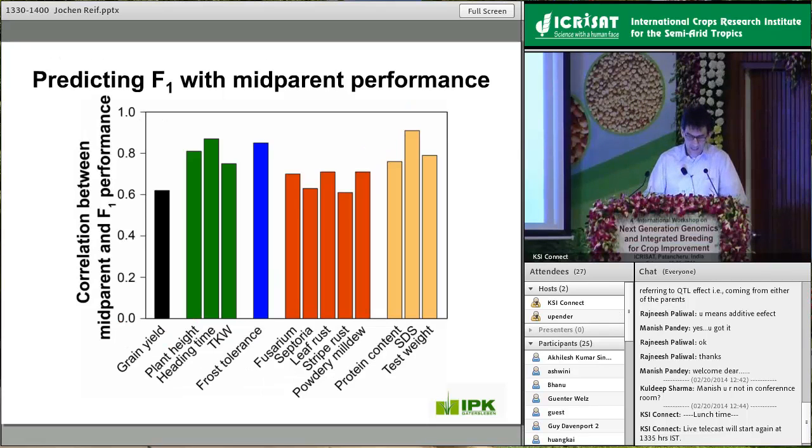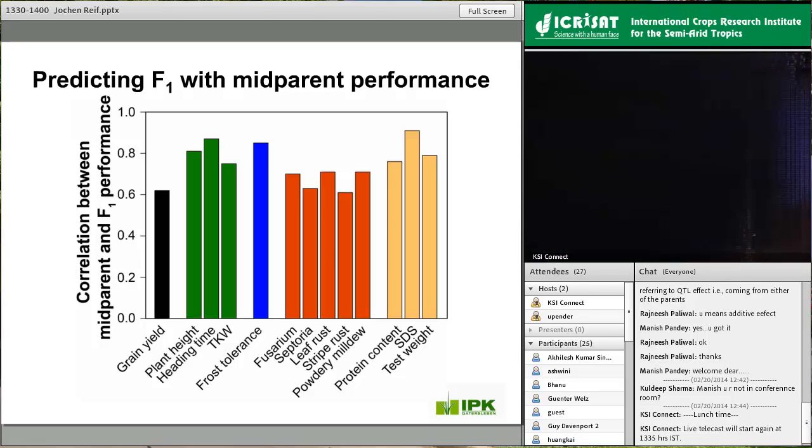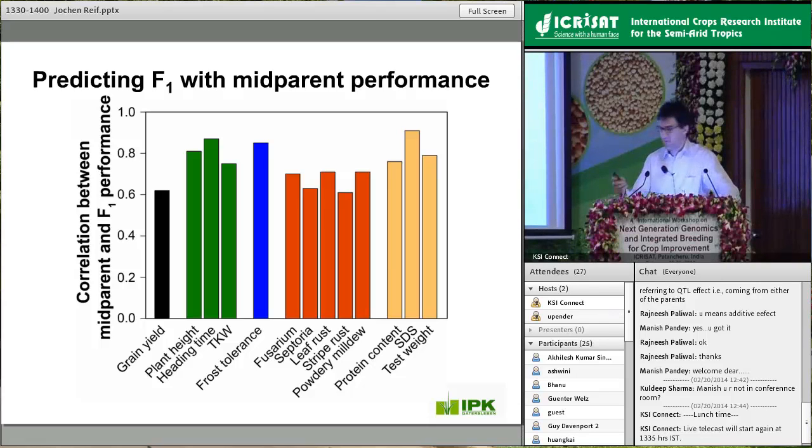And the most simple approach to do that is to look at the per se performance of the inbred lines. Most lines originate from inbred line breeding programs, so that means that their per se performance is well known. And then you could use the mid-parent value as a predictor of the hybrid performance. And what I plotted here in that graph is the correlation between the mid-parent performance and the hybrid performance, ranging from 0 to 1.